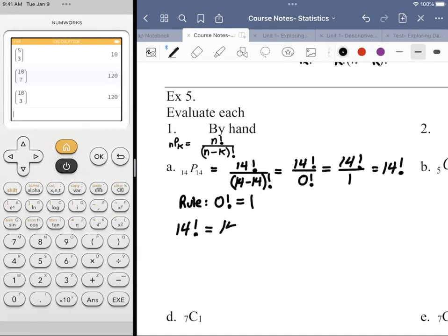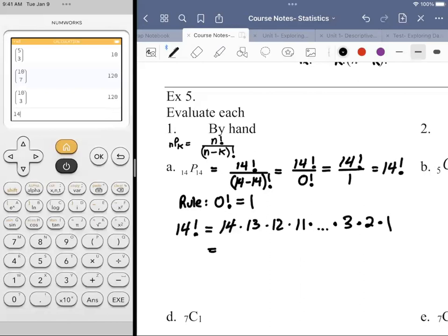It'd be 14 times 13 times 12 times 11, all the way down to 3 times 2 times 1. That's a lot of stuff to multiply, and if you ultimately have to multiply it, you'd probably just chuck it in the calculator anyway.